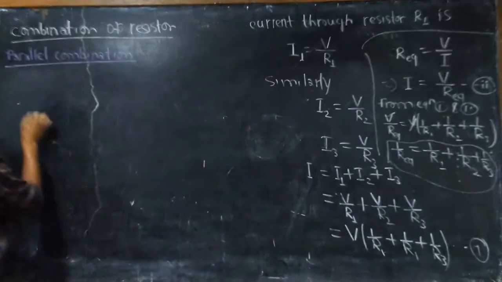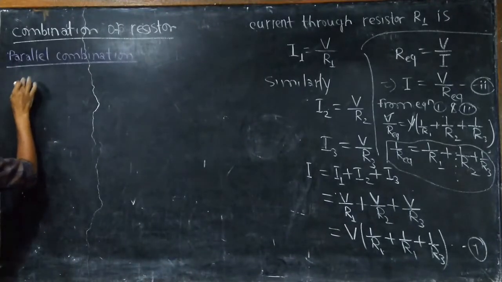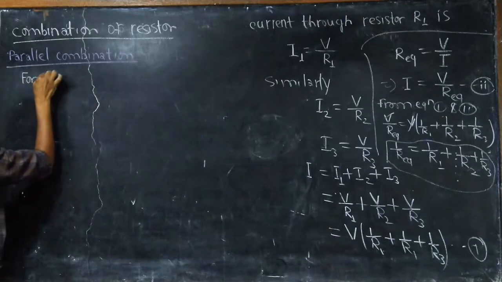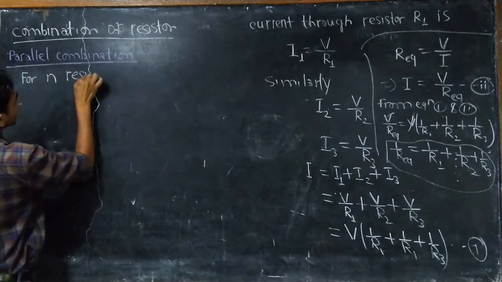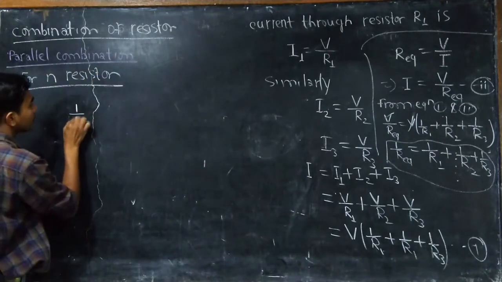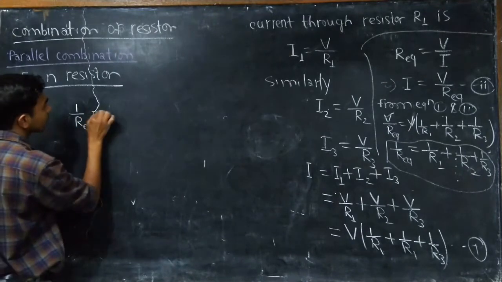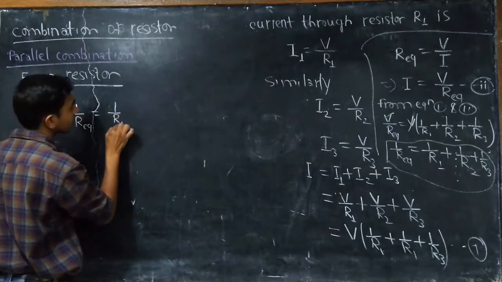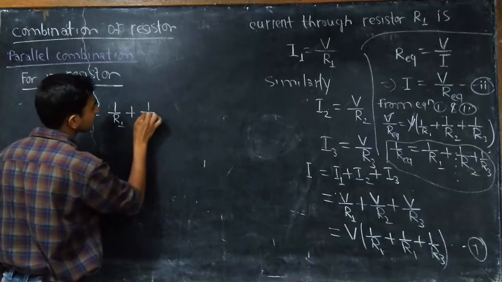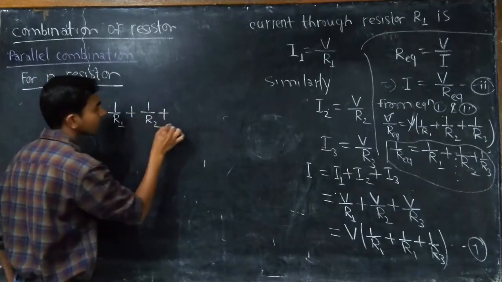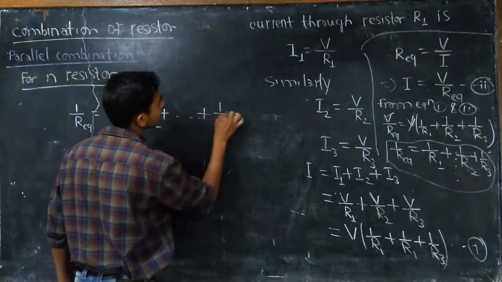So for n resistors, 1 by R equivalent is equal to 1 by R1 plus 1 by R2 plus and so on up to 1 by Rn.